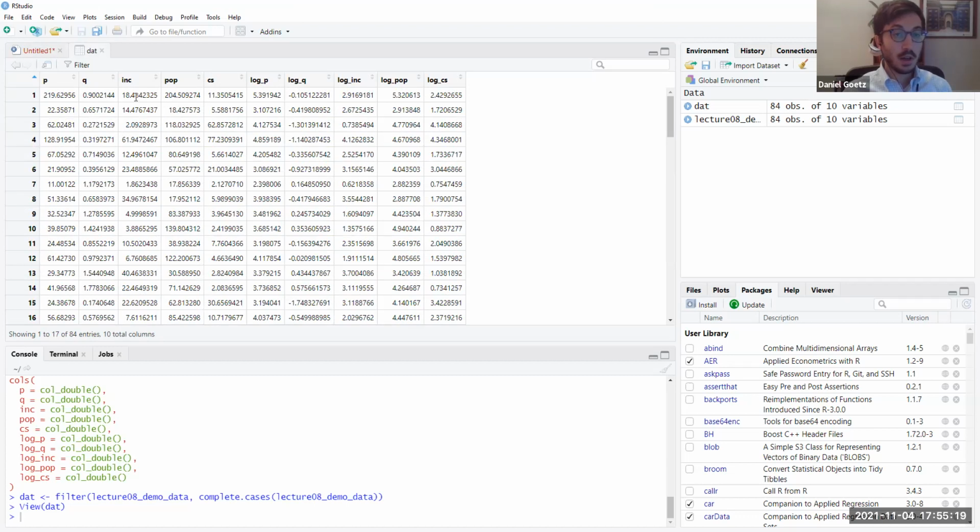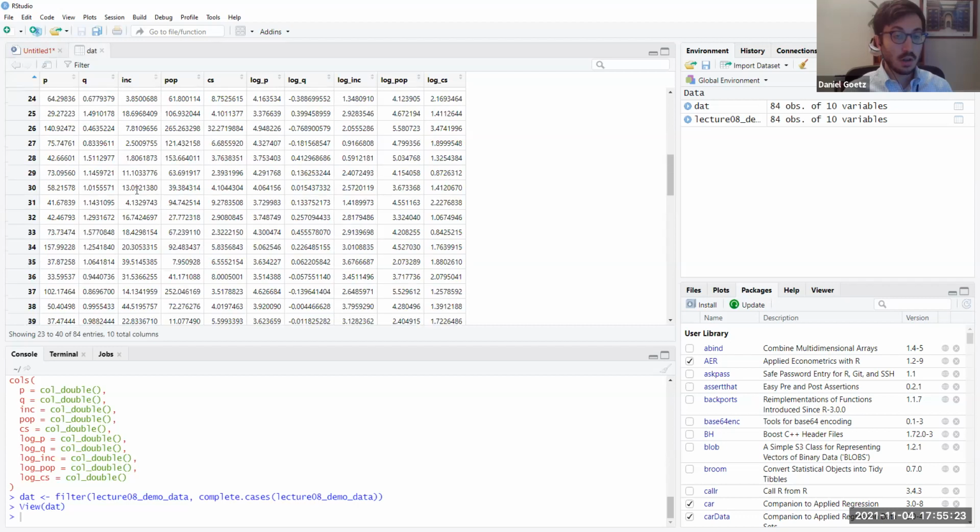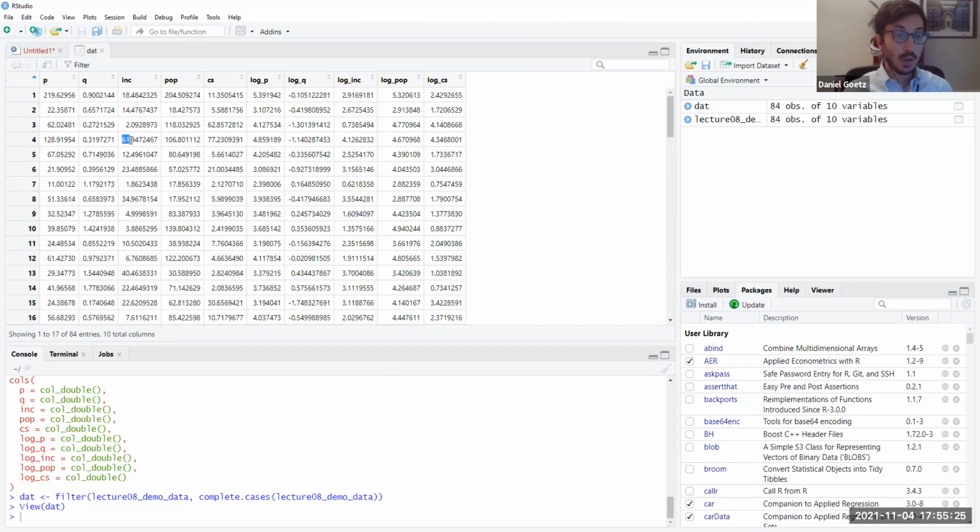And then for income, this is quite a big variation here. So this could be something like aggregate income in the markets, in maybe like tens of thousands. And then we have population. So this could be in thousands as well, population in the market. So these could be kind of like city-sized markets, right? Perfect.